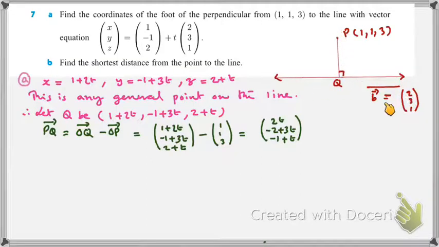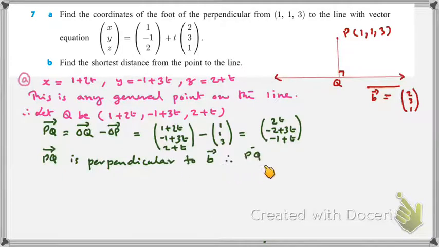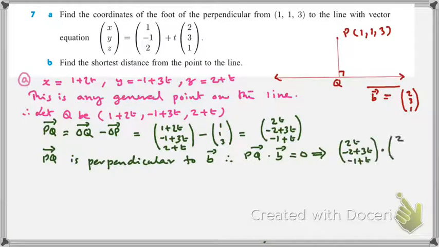Now we know that PQ is perpendicular to the line. So vector PQ is perpendicular to B vector. Therefore PQ dot B has to be equal to 0. So I will copy my PQ vector dot B vector now. PQ vector is (2t, minus 2 plus 3t, minus 1 plus t) dot B vector (2, 3, 1) is equal to 0.